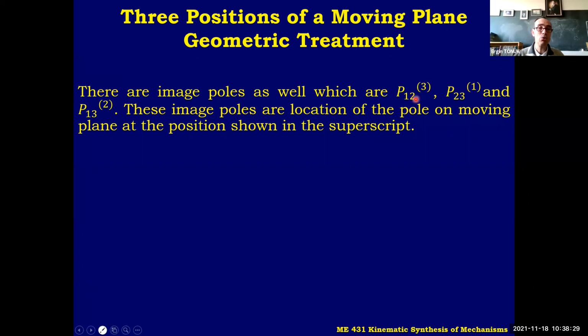But from 2 to 3 or 1 to 3, it's going to rotate about another point. Now, this is at position 3 on the moving plane. Okay, so this is what we call the image pole: the location of pole 1,2, when you mark it on the moving plane and move the plane to position 3, it is at this position.